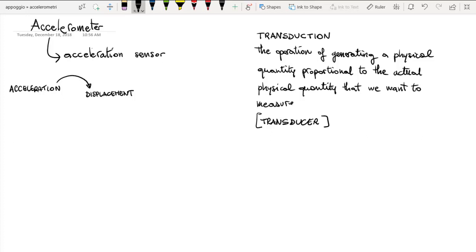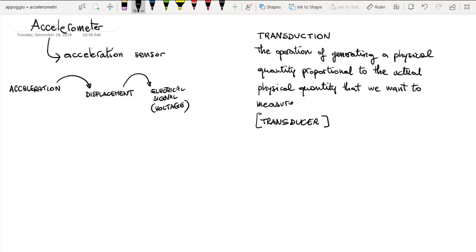Then we need to do another step. We need to transform this displacement into an electrical voltage, into an electrical signal, in particular a voltage.